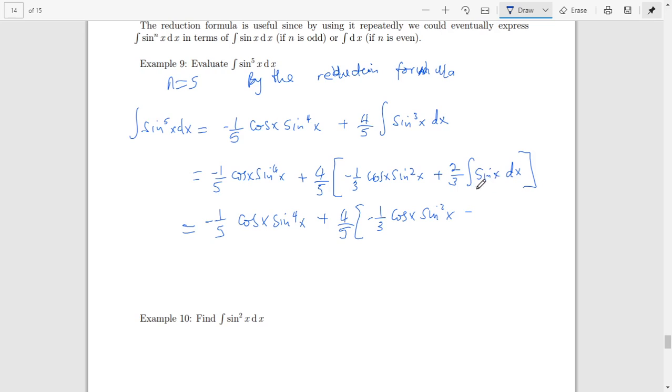Or if I integrate sine, I get negative cosine. So this is going to be negative 2 over 3 cosine of x, and then plus a constant. Usually I write my constant outside so I don't start working with too many constants. If you simplify this, you get an answer, but basically this is the integral of sine to the power of 5 of x.